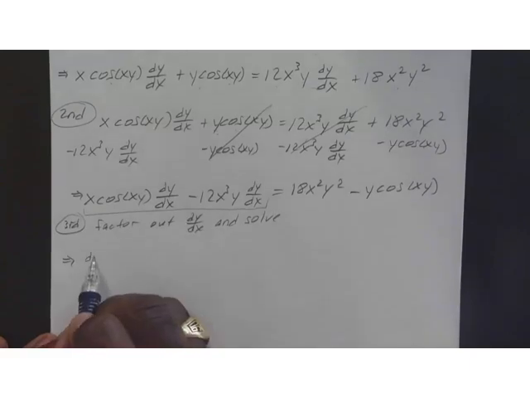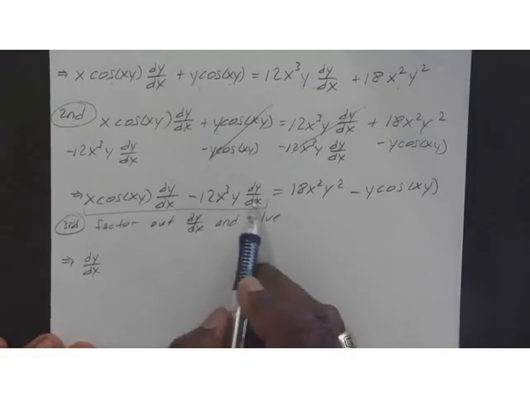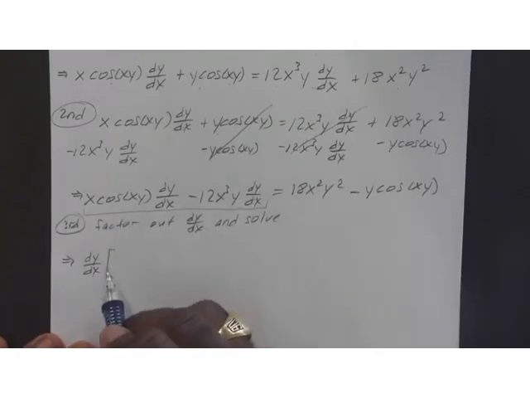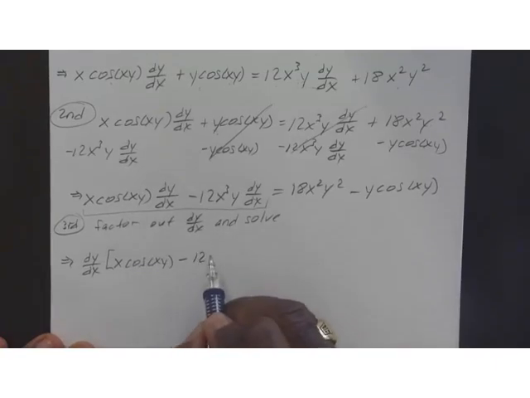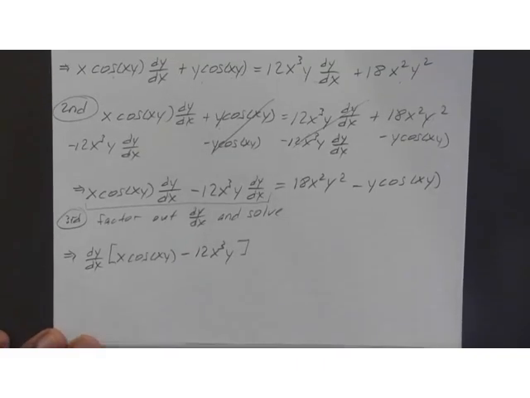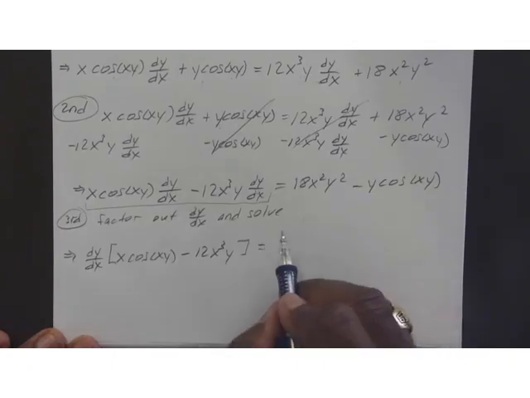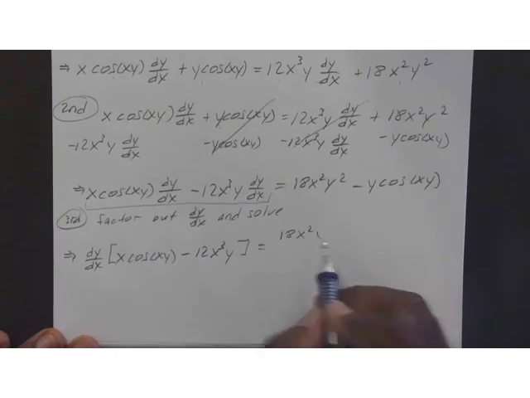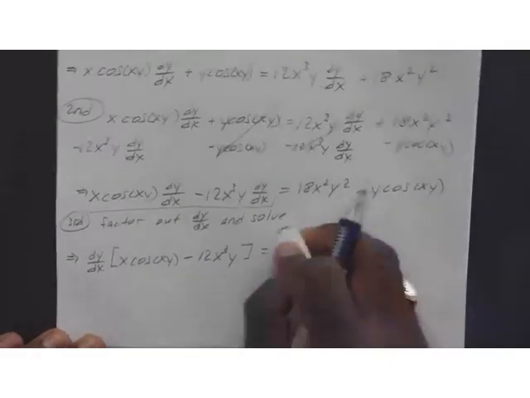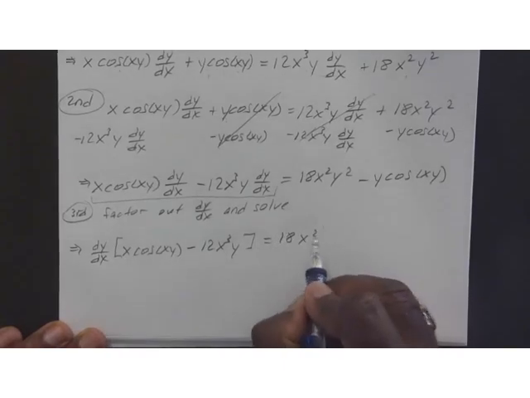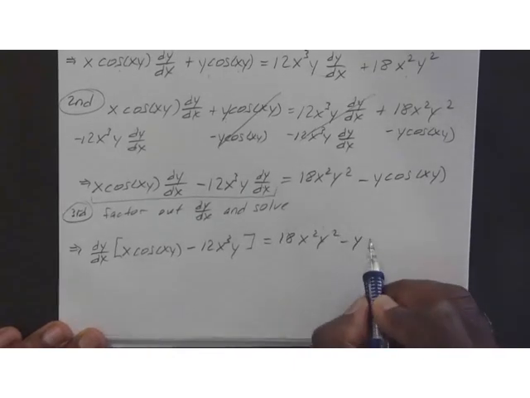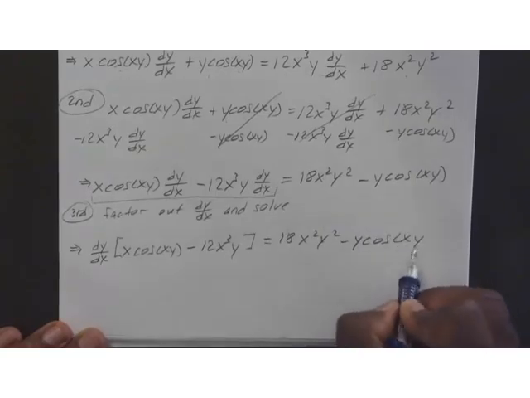Okay, so that gives us dy dx, if we factor out of both of those terms, times x times cosine of x times y minus 12x to the third power times y is equal to 18x squared y squared minus y times cosine of x times y.